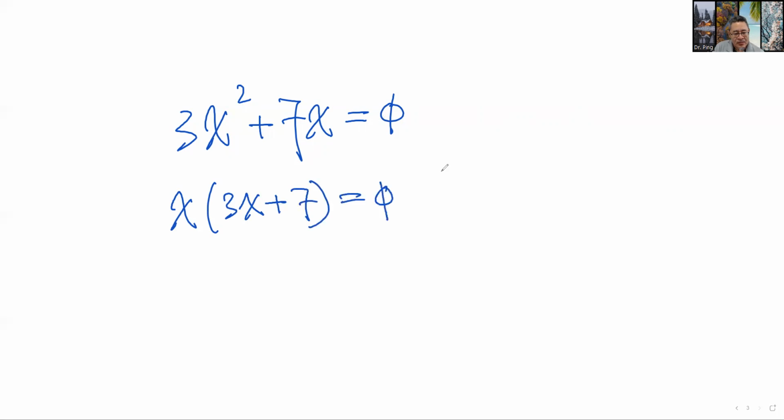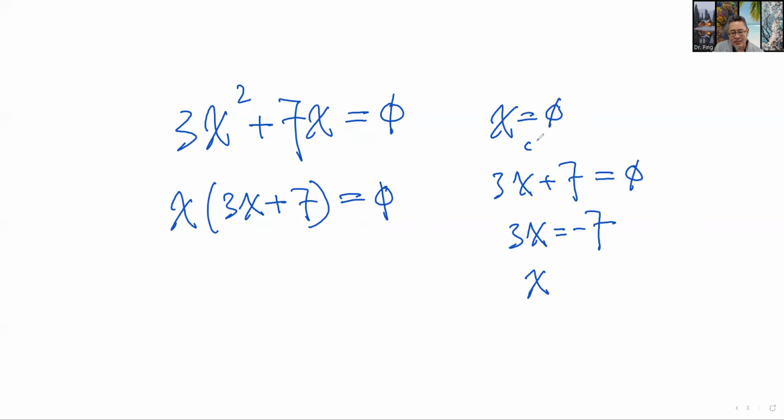So we can go to x times 3x plus 7 equals 0, then subtract 7 on both sides. That would be 3x equals negative 7. Divide both by 3, and x equals negative 7/3. Perfect. Very good. So that's how we solve this kind of problem.